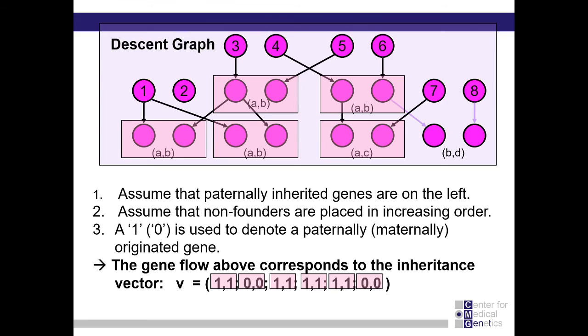This person right here is different because he got the allele from a maternal source. From 4 it is a maternal gene, and the other allele comes from 7, which is also a maternal gene, so 0 0.